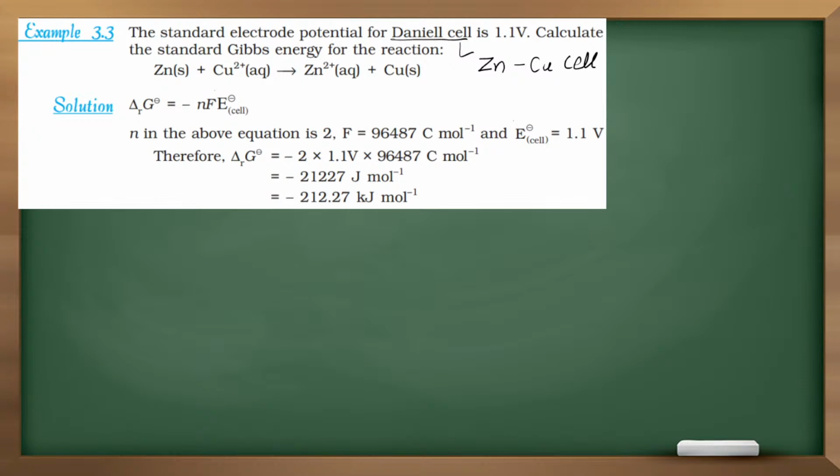So delta G naught we have to calculate, the standard Gibbs energy. For calculating it, you know, delta G naught is equal to minus nF E naught cell, and the value of n is 2, F is 96487. Approximately you can take it as 96500 coulomb per mole.